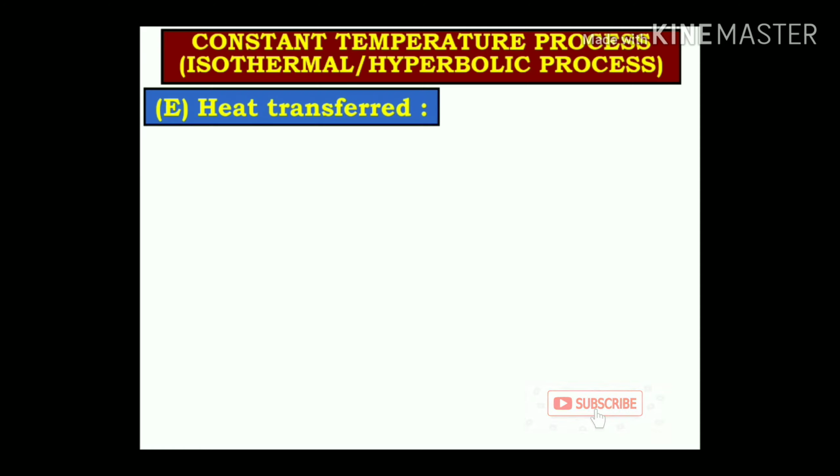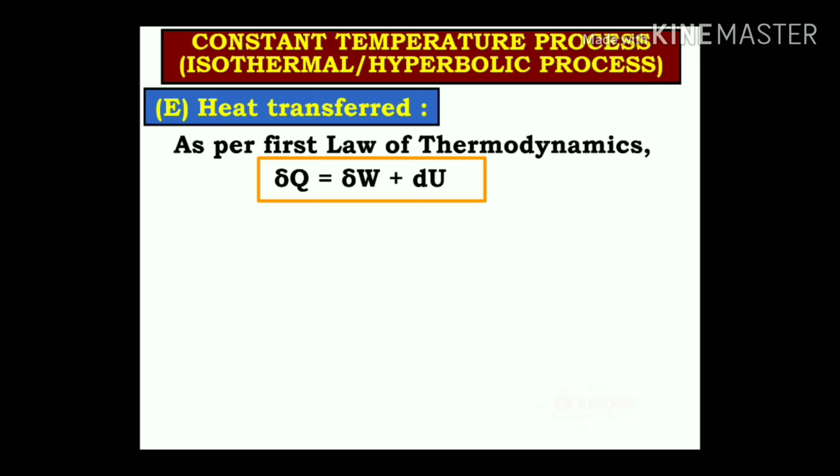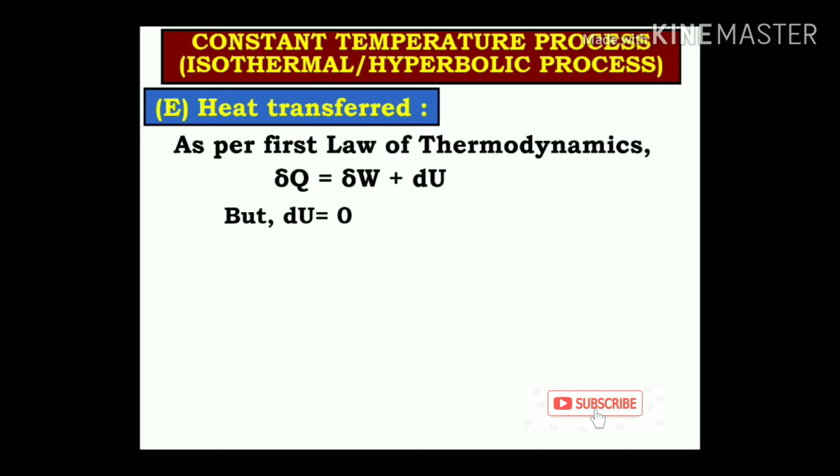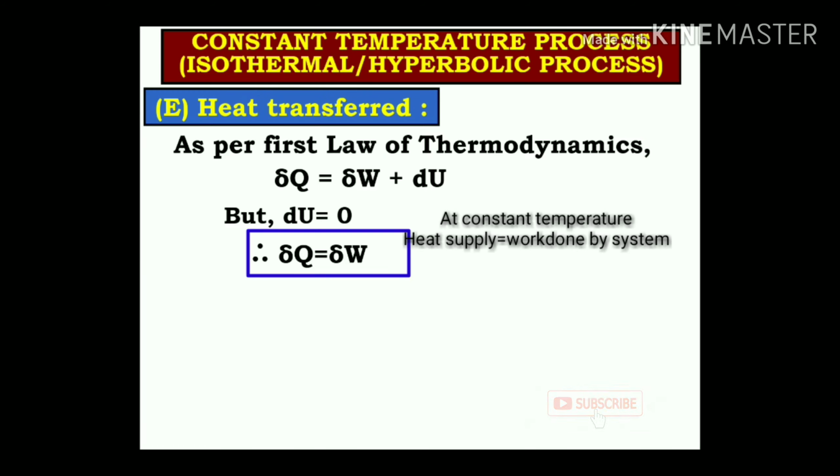Next, heat transfer. As per the first law of thermodynamics, del Q equals del W plus dU. That means heat supplied equals work done plus stored energy. Here dU equals 0 because it is a constant temperature process. So dQ equals dW.